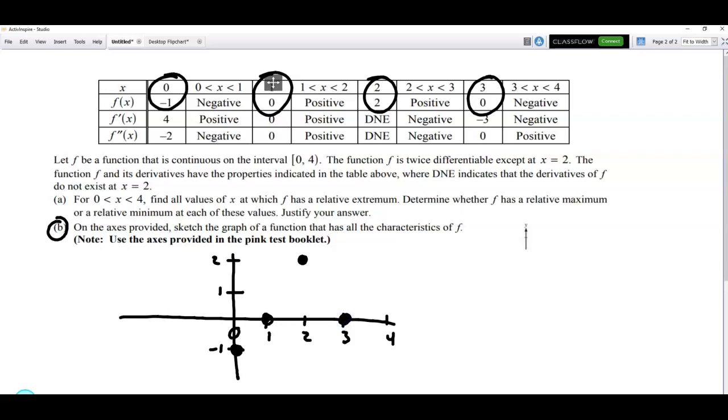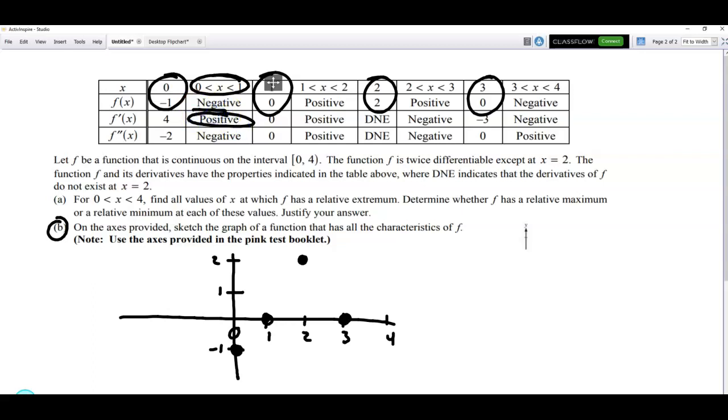Now, notice that in between x equals 1 and 0, we have a negative slope. I take that back. We do not have a negative slope. I was looking at the wrong one. This is for f.